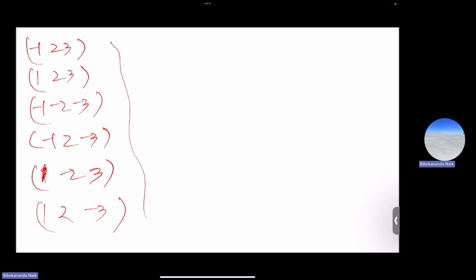Another will be minus 1, minus 2, minus 3, and another will be 1, minus 2, minus 3.